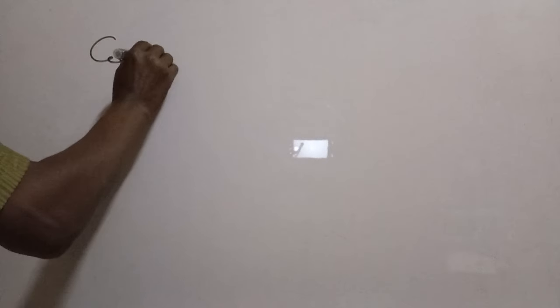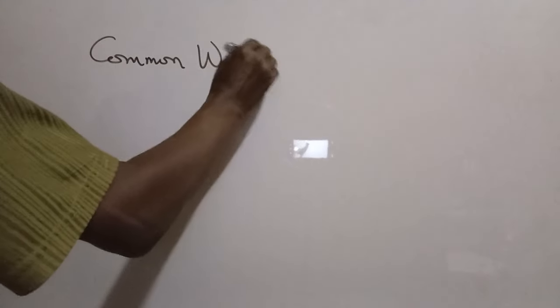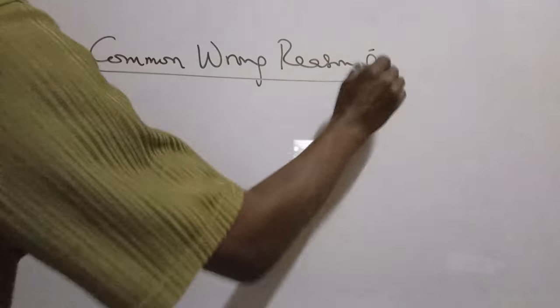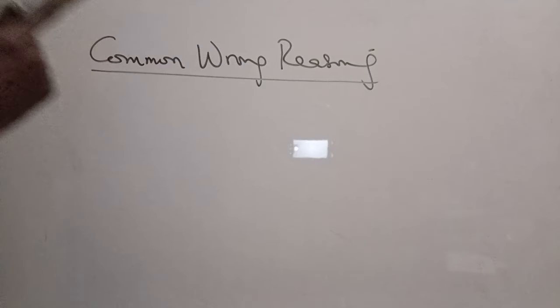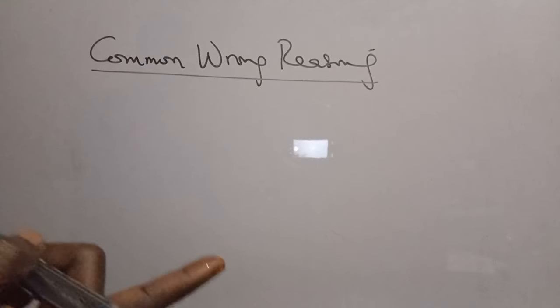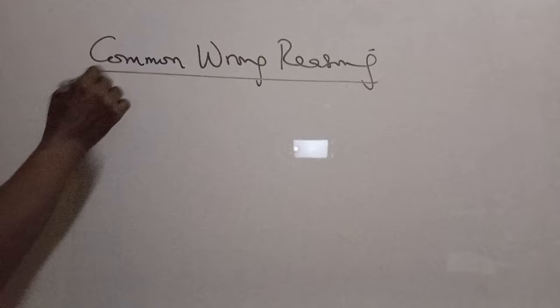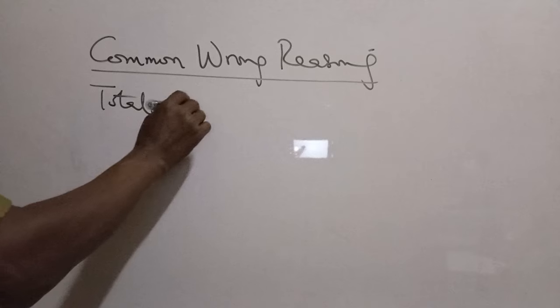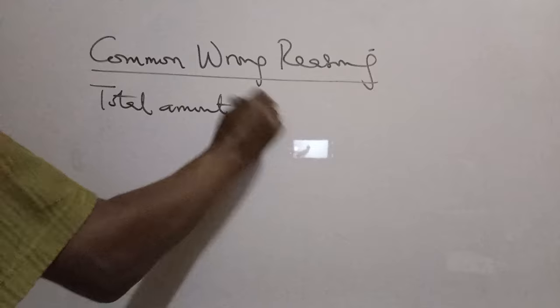So now this is a common wrong reasoning. People wrongly think that way. We are told that each paid 90 naira, which is totaling 270 naira. Total amount paid is 270.